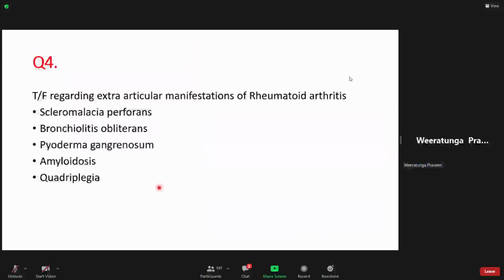True or false regarding the extra-articular manifestations: scleromalacia perforans, that is a very nasty ocular complication. There is perforation of the sclera and thinning of the sclera, which is scleromalacia perforans.